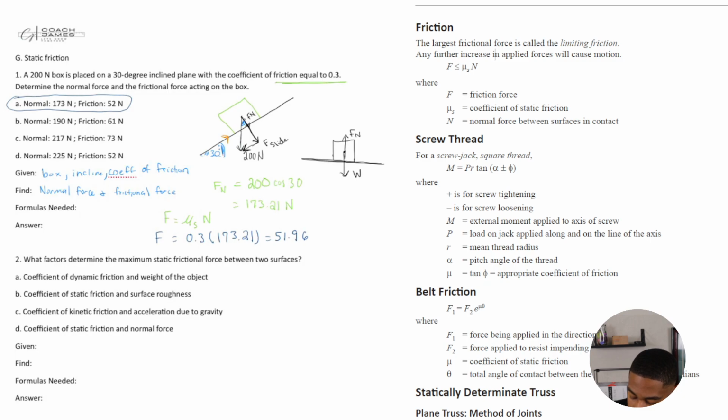So if we would have done the sum of the forces of this one, it is equal to your force normal minus your weight, or weight is equal to force normal. In this same case, we just added an angle to this.